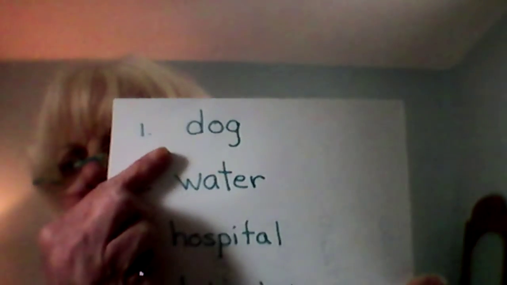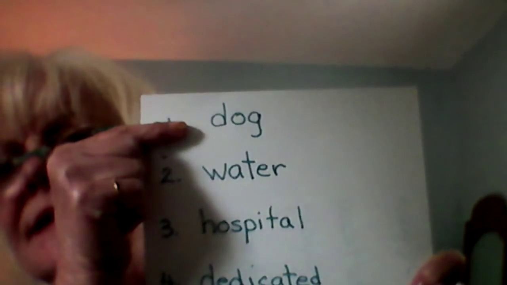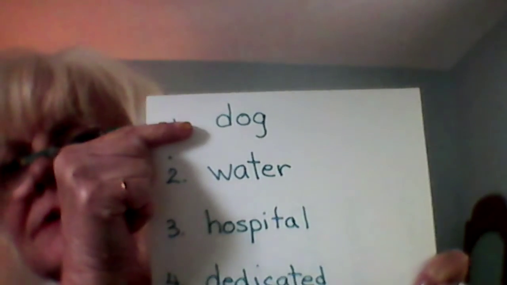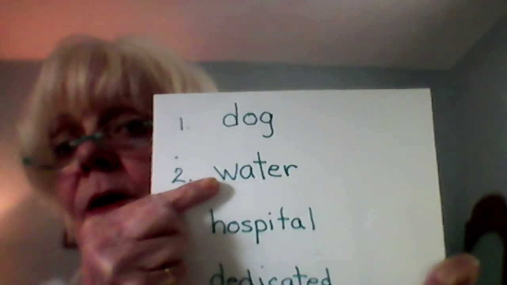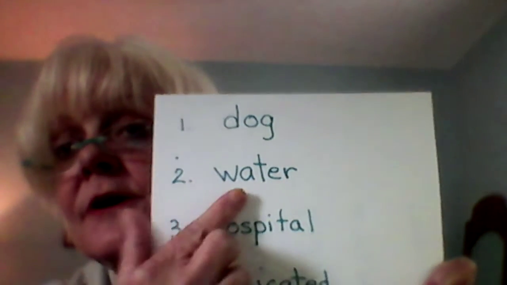Now, let's look at some tough ones. Can you figure out how many syllables that has? Dog. Clap it out. One syllable. Where are we going to break it up? Remember the rule.